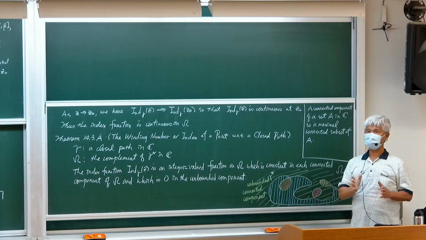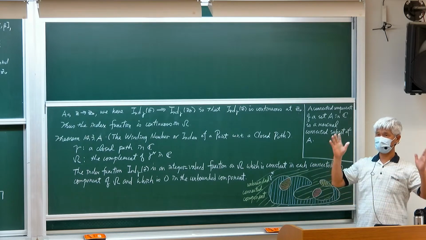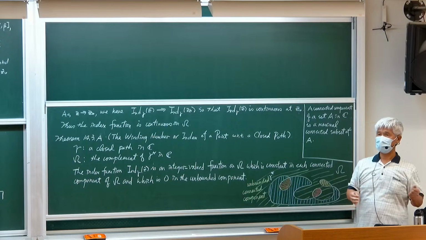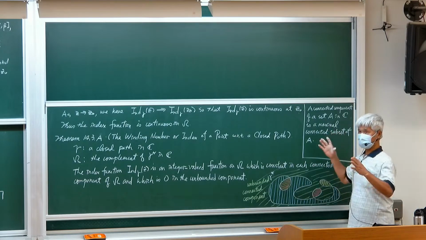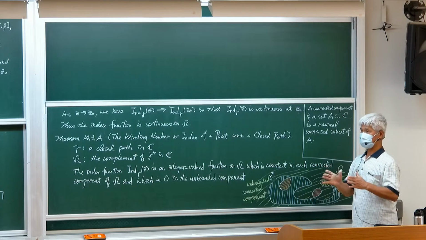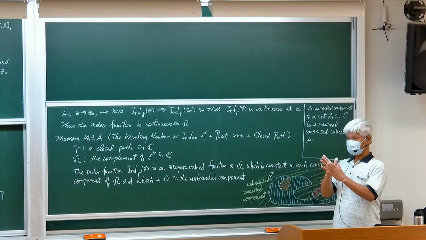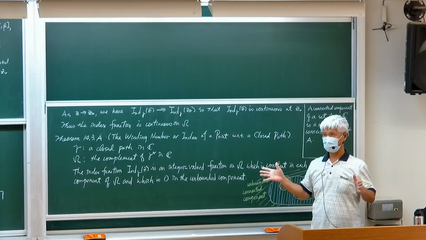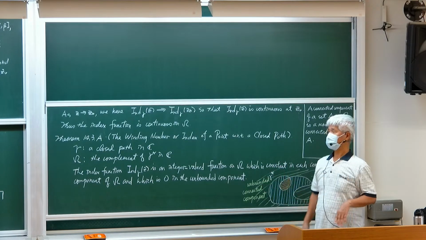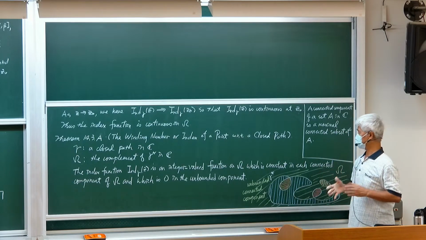So to identify a connected component of a set in the complex plane, you find a maximal connected subset. Maximal means that you cannot extend this subset any further without violating connectedness.